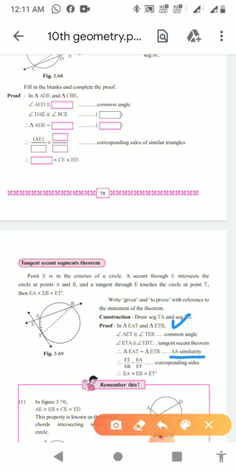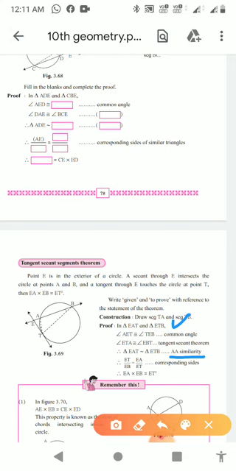If the triangles are similar, then according to the concept that corresponding sides of similar triangles are proportional, I can write ET divided by EB is equal to EA divided by ET.